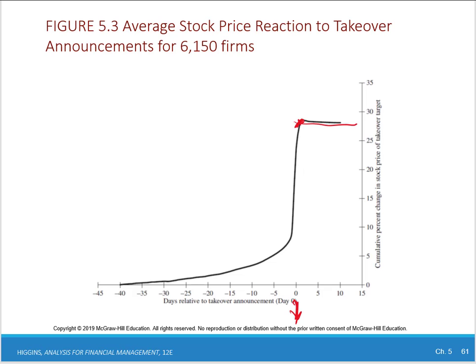And then the price stays the same for a couple days. So this is a picture of something that's relatively efficient. But here's one of the things that I don't think we talk a lot about in this class: what's going on here where we have this increase in price before the information?